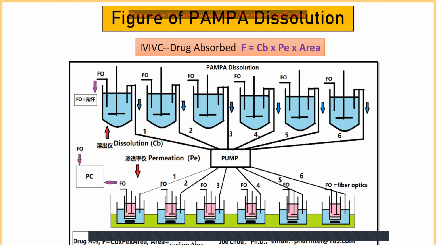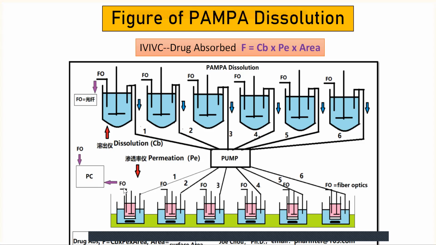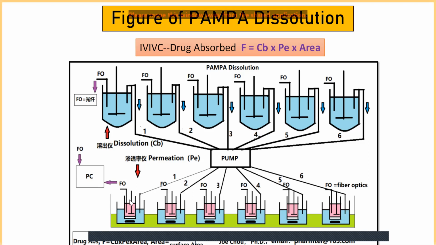You can see from these figures that the blue area represents the dissolution media, and the drug inside the blue area will penetrate to the pink area, which is the plasma. There is a so-called fiber optics here to measure the amount of drug penetrated with respect to time.